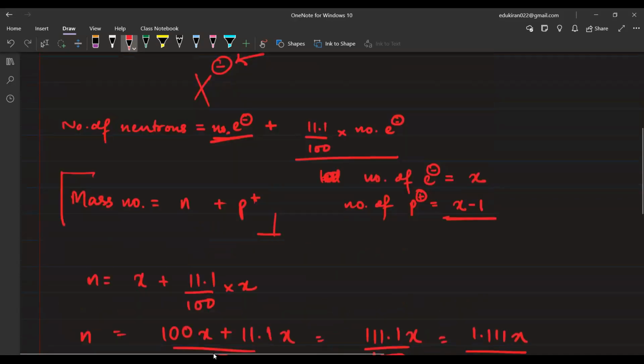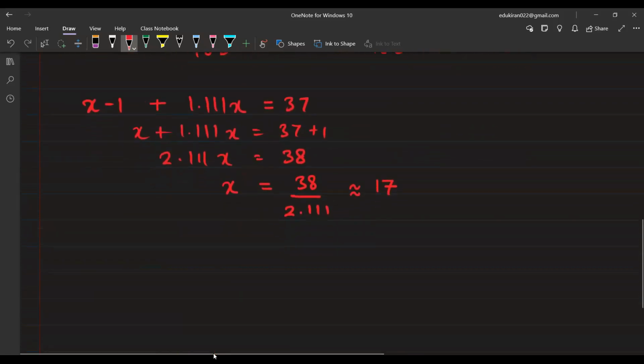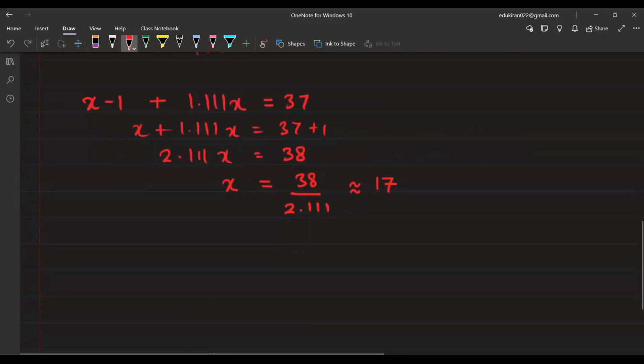Because x is the number of what? Number of electrons. When you have number of electrons, that number cannot be a decimal. If someone asks you how many mangoes we have in our house, and you come and say 5.732 mangoes, then you will get a laugh on your face. Mangoes cannot be 5.732. If they're asking number, that means it is going to be a whole number.